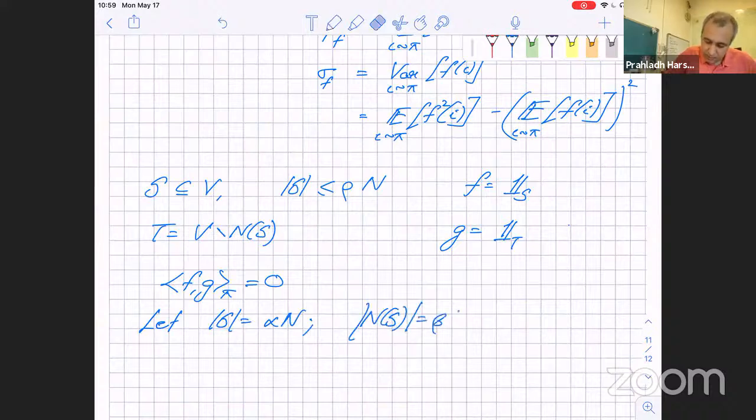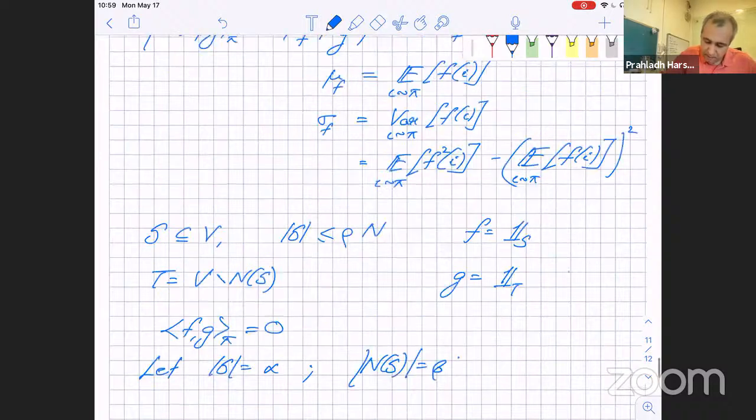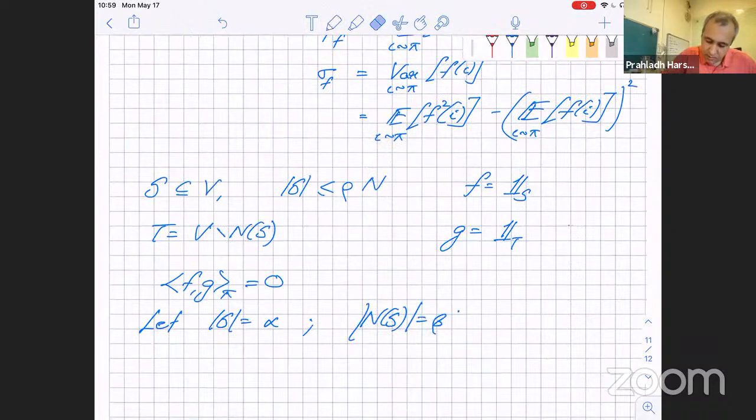Why am I writing capital N? No idea why I've been writing capital N altogether. Therefore, the size of P is 1 minus beta.